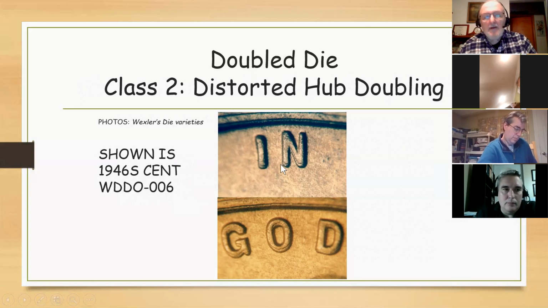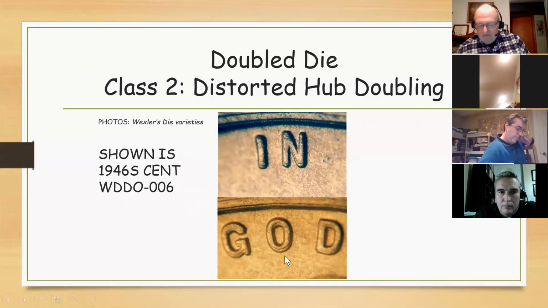If you look here, you can barely see the doubling on this, and the distortion is, you can see around the edges. See where it's not real clear? There's a sort of a breakdown on some of the edges. That's caused from that expansion of the die. But as it cooled, it was supposed to return to its original diameter. However, this didn't always happen.